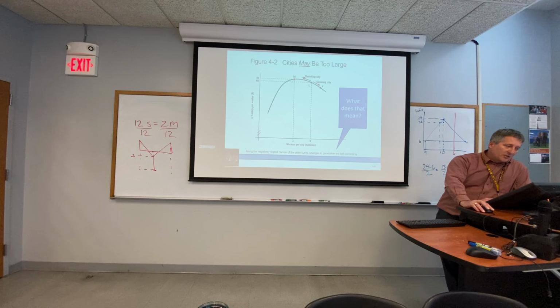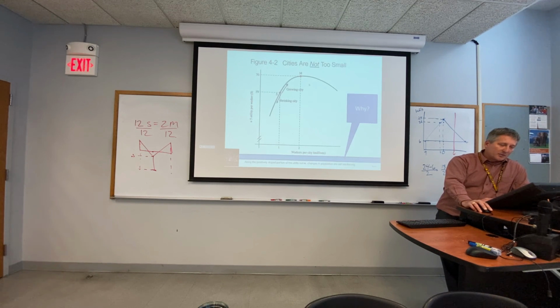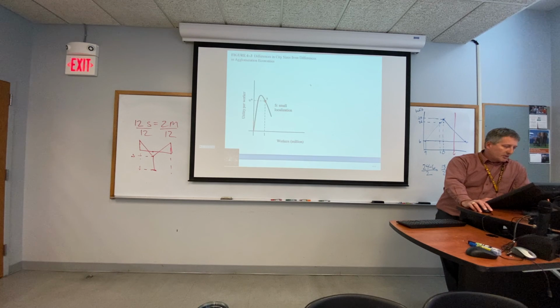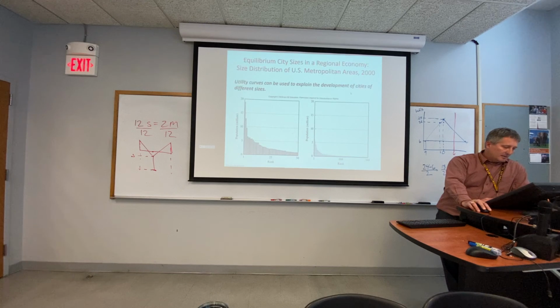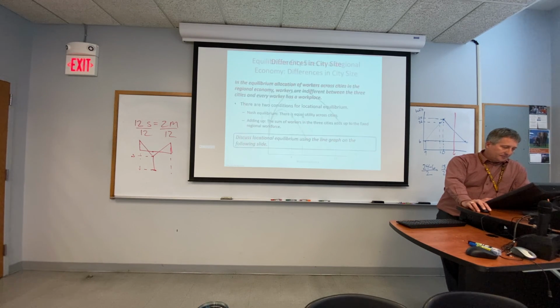The author uses too large because the maximum would be over here. But this is sustainable in terms of Nash equilibrium. You don't have incentive to move elsewhere with other choices. So there's the small, there's the medium, there's equilibrium. Utility is equalized across the small, medium, and large cities. Rank size rule.